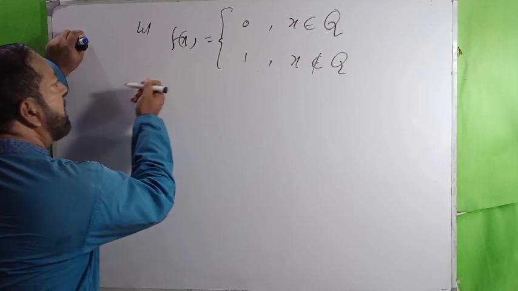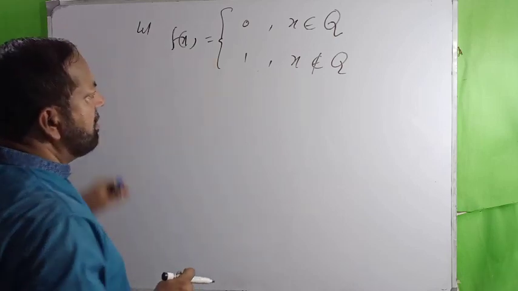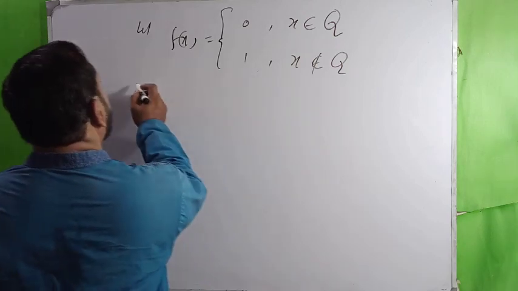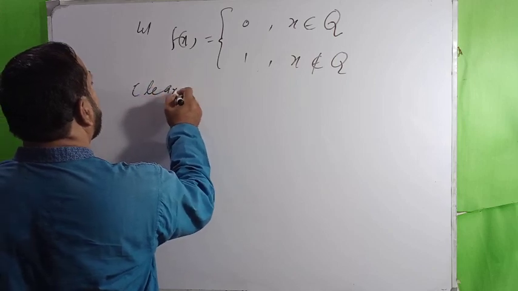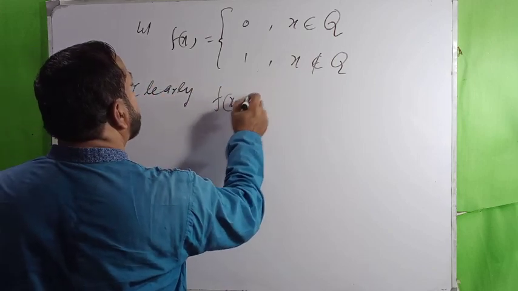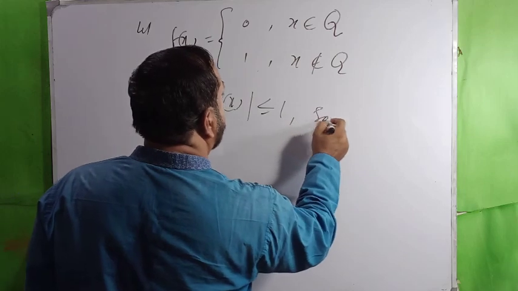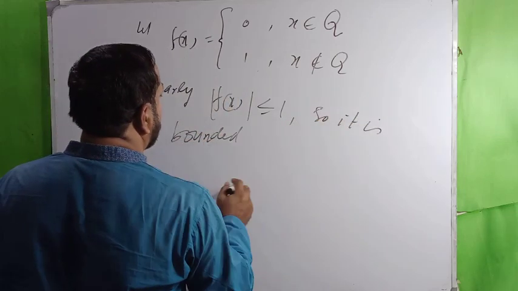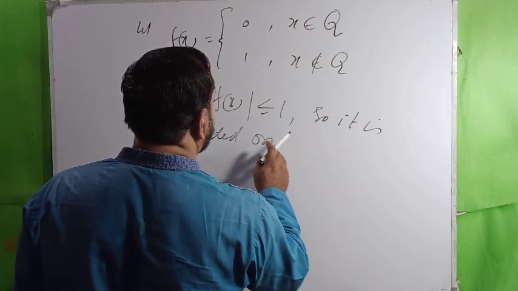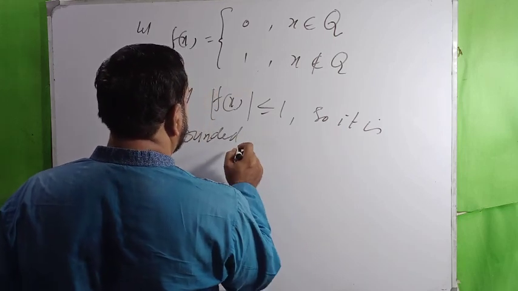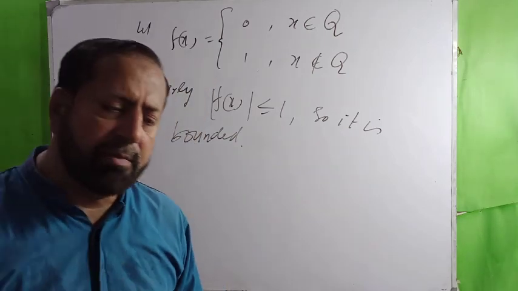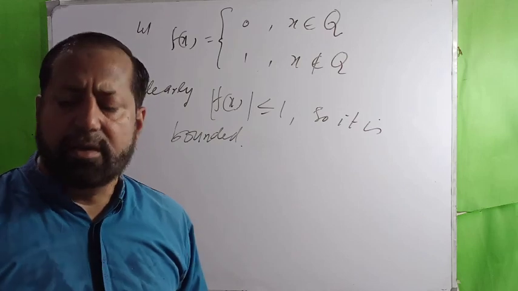So take any partition P on [a,b]. Clearly |f(x)| is less than or equal to 1, so it is bounded on Q, right? So it is bounded in general on R as well. So it is bounded. So since f is bounded on R, it must be bounded on every subinterval.